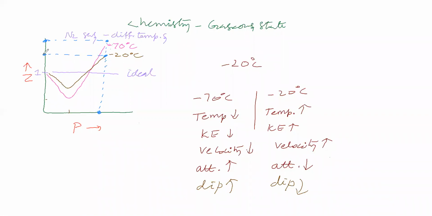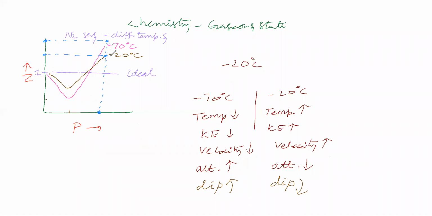Z value is greater than 1, so positive deviation, repulsive force is dominating. At minus 70 degrees Celsius, Z is greater than 1, positive deviation, repulsive force is dominating. Now we compare minus 20 and minus 70. For minus 20, Z is less when compared to minus 70.